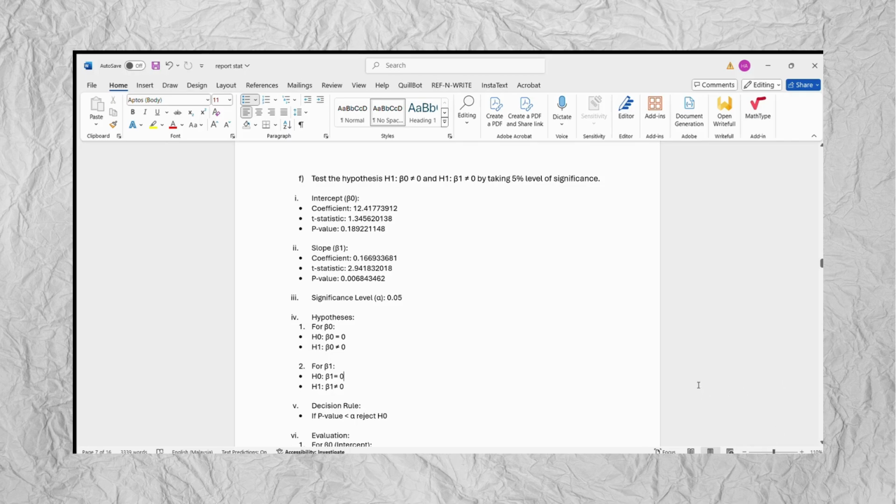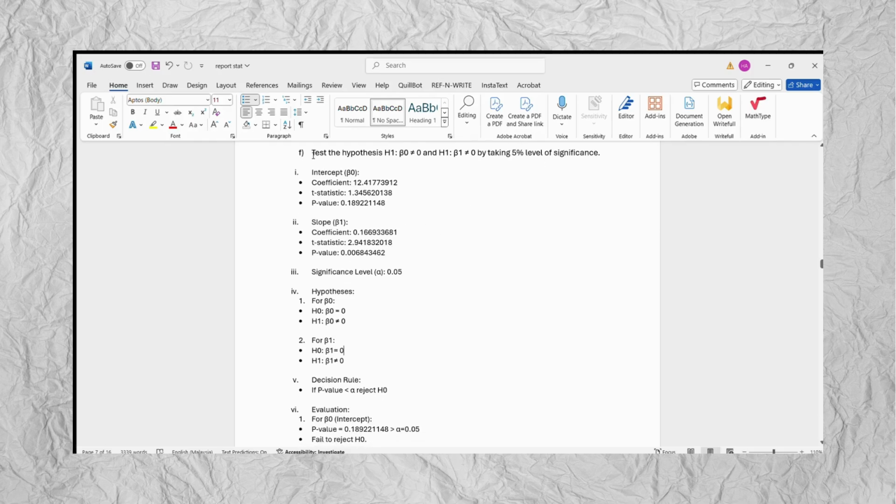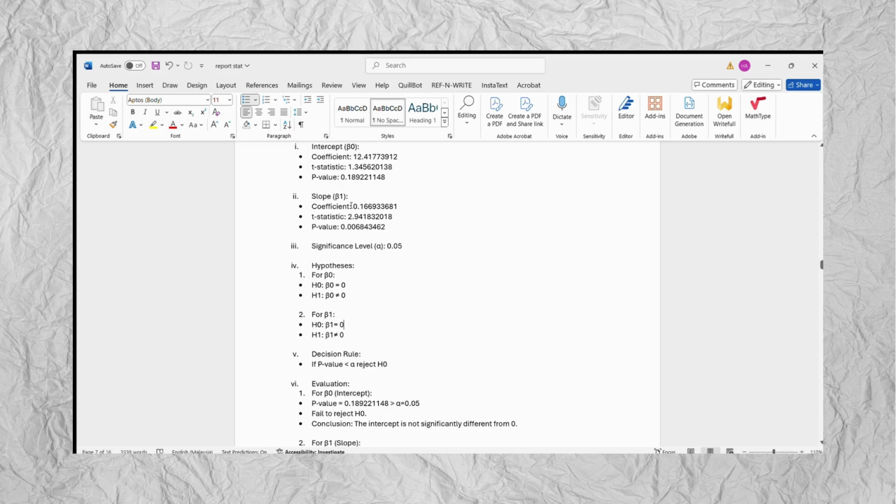For this question, we need to test the hypotheses H0 beta 0 equal to 0 against H1 beta 0 unequal to 0, and H0 beta 1 equal to 0 against H1 beta 1 unequal to 0, by taking 5% level of significance. So for the intercept beta 0 we take the coefficient, t-statistic, and p-value from the regression model, and the slope beta 1 is also taken from the regression model.